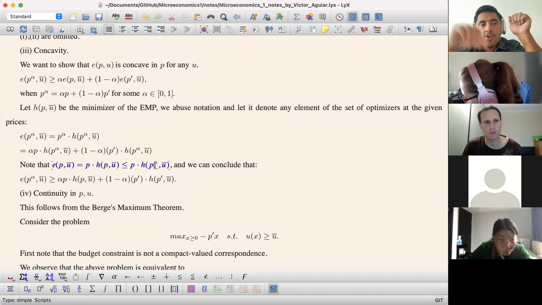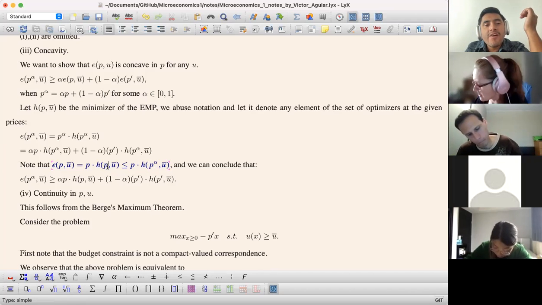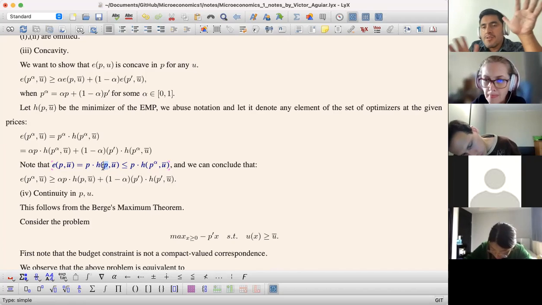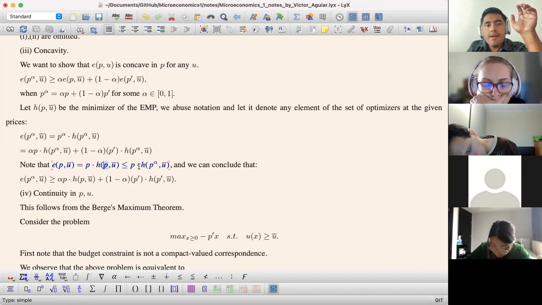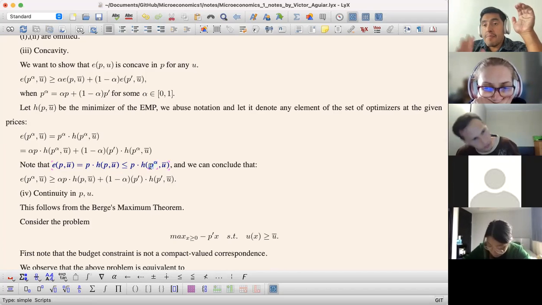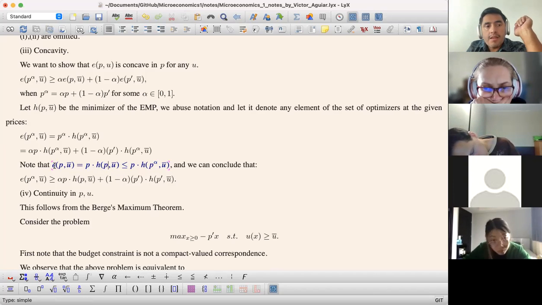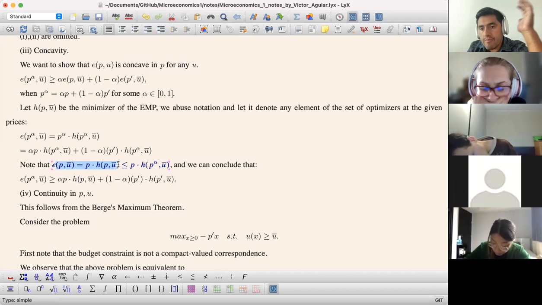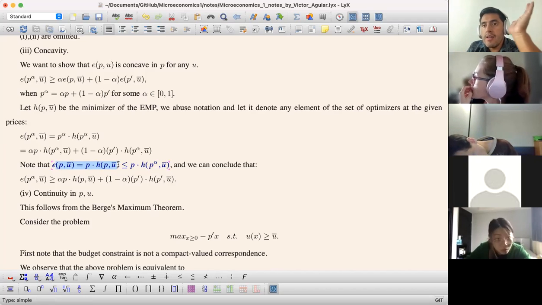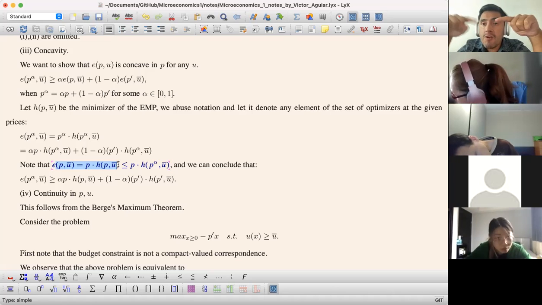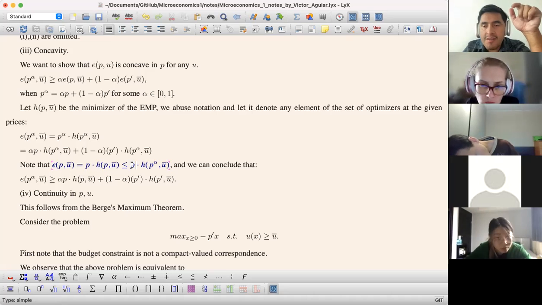The important thing, and this is a little bit tricky, is that here the symbols look almost the same, but in the right-hand side there is a P alpha, and in the left-hand side there is a P. The expenditure is the minimal amount of money that you spend to get your U bar at prices P. Hence, if I take the Hicksian demand, which is a function, and evaluate it at P alpha, for price P it is no longer the minimal quantity.